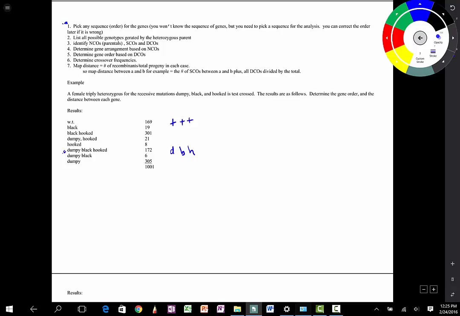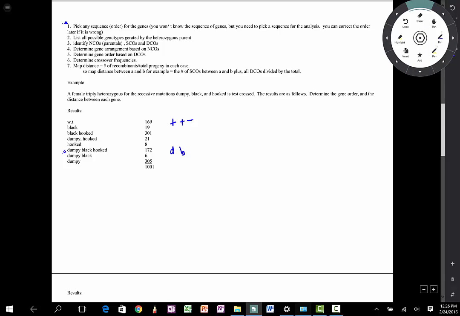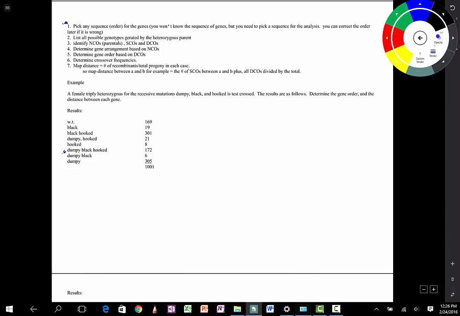So what I'm gonna do, I'll write them down here, and we'll put the numbers back in there. So we got plus plus plus is 169. And we could actually reorder them if we really wanted to, but I'll leave the order the way they are right now.